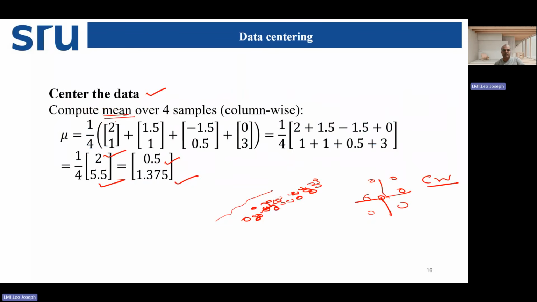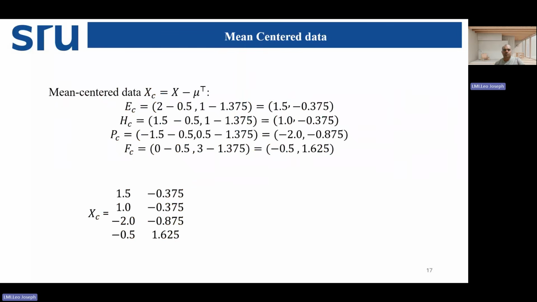So from the first data, we are subtracting this mu. I am subtracting these values from each and every individual value. So I am getting 1.5 comma minus 0.375, which is nothing but for the eagle.